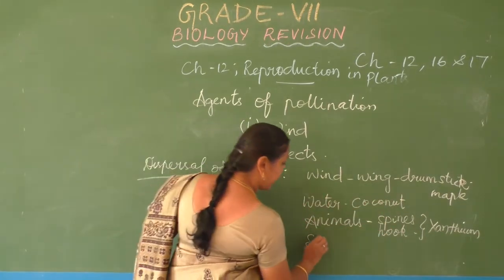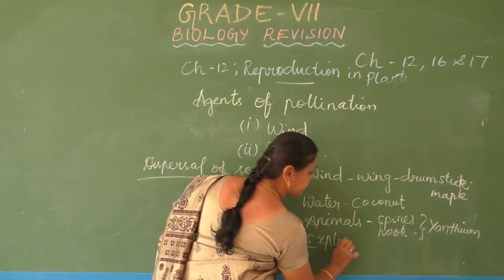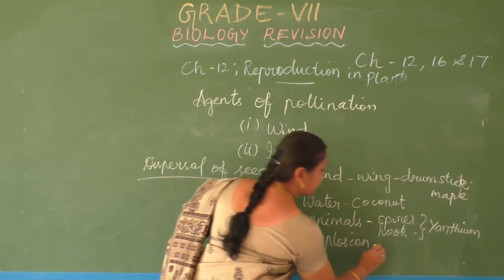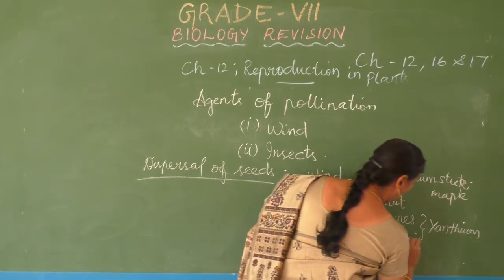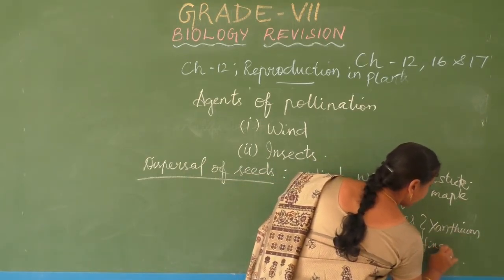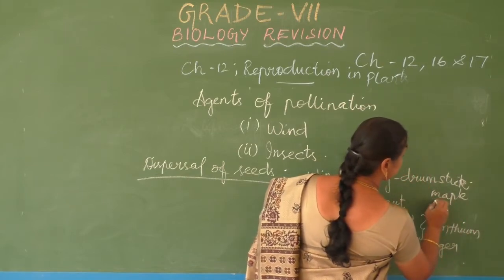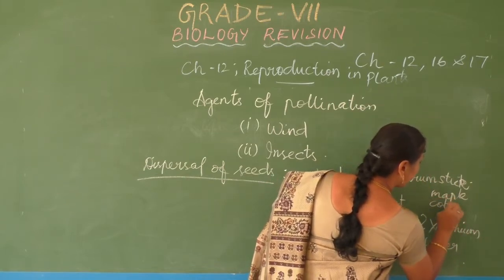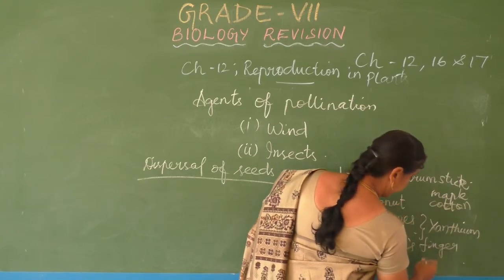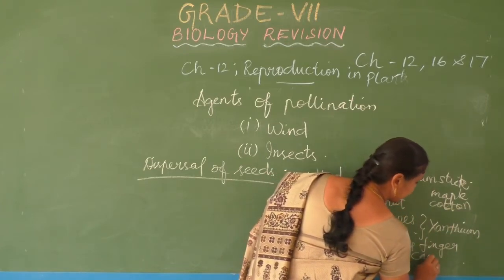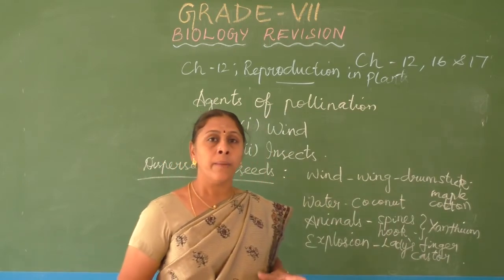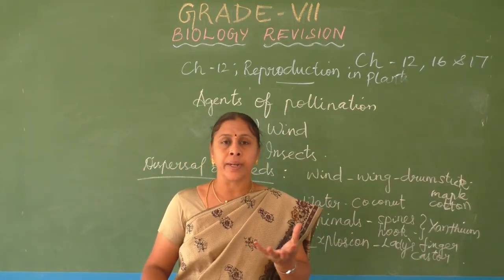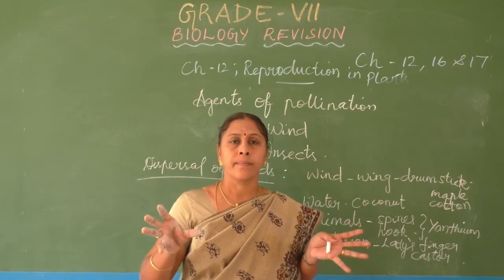Next method, explosion of seeds. For example, in the case of lady's finger and castor, after the fruit gets ripened, it will burst out.